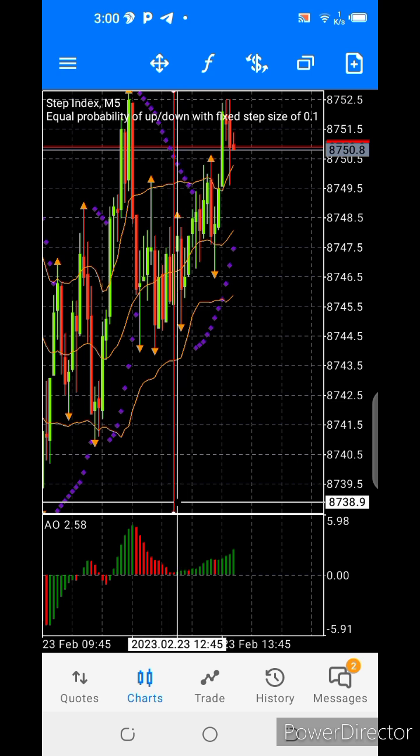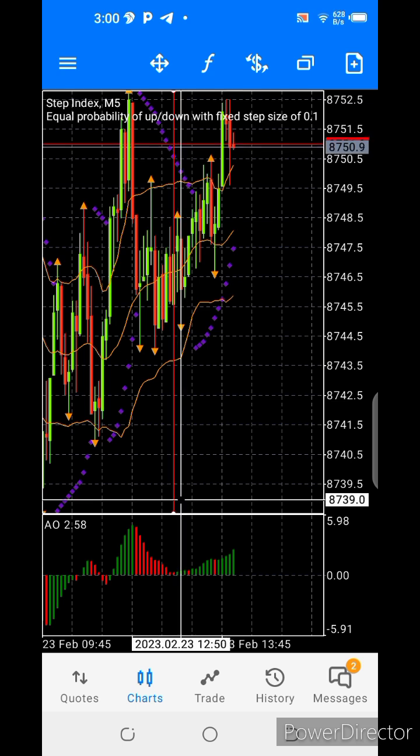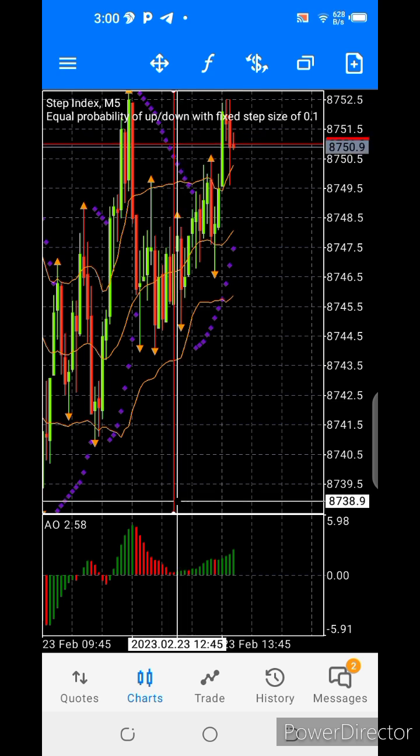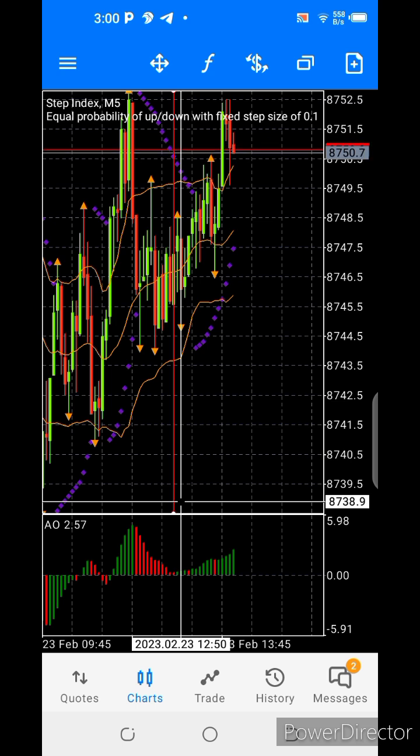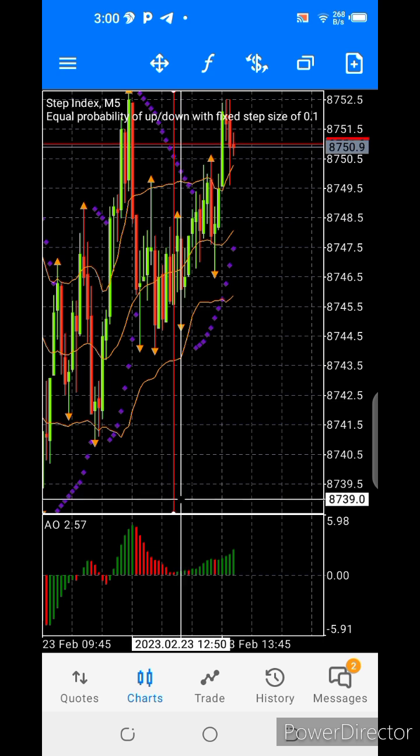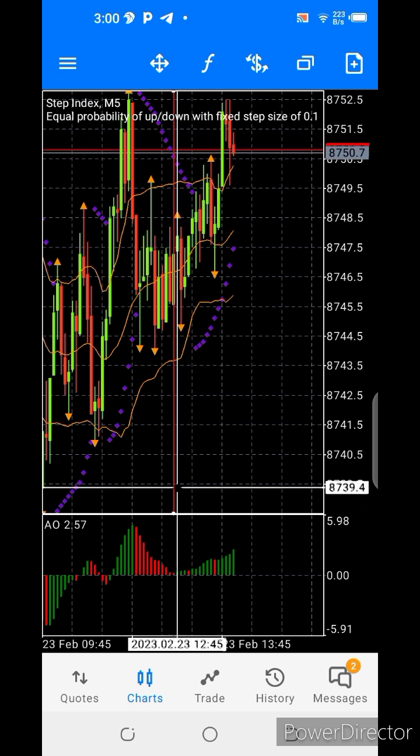You can see the first green, the second green, on this particular red candlestick. It is on that exact candlestick that the fractal came out. So you join that particular trade.